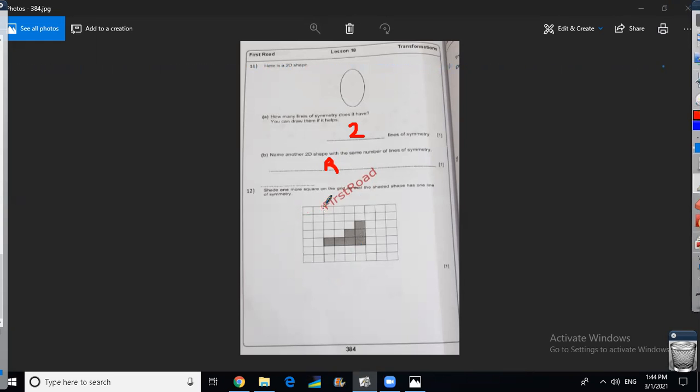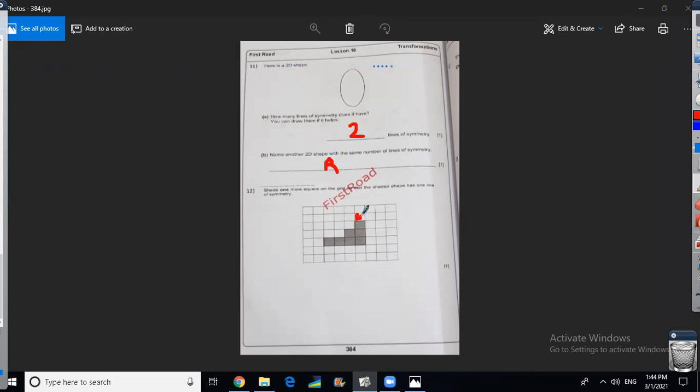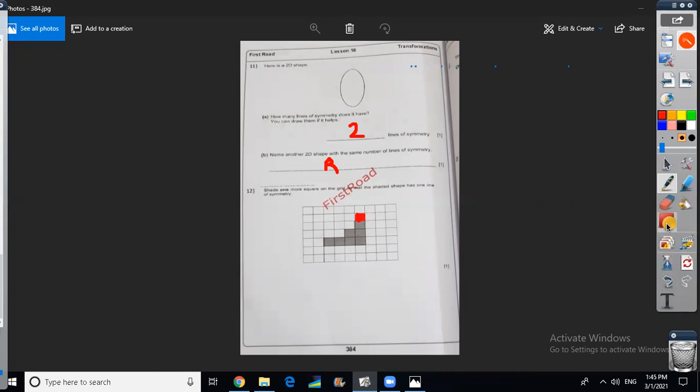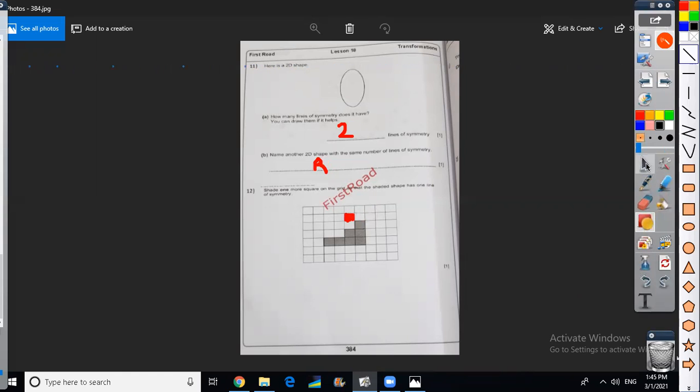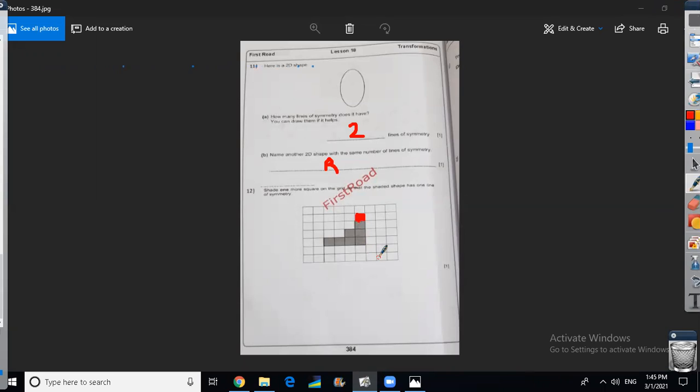Shade one more square on the grid so that the shaded shape has 1 line of symmetry. Okay, I'm gonna shade this one. So you need to shade this one here. It is the only square that if you shade is gonna allow you to draw only 1 line of symmetry. The line of symmetry is gonna be here.